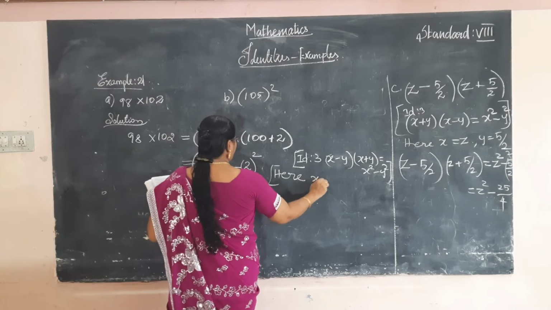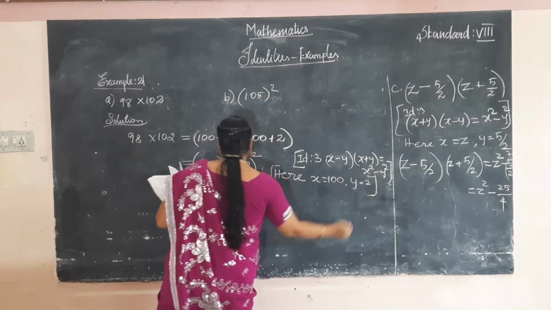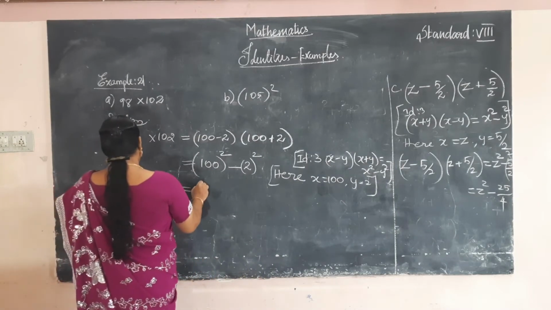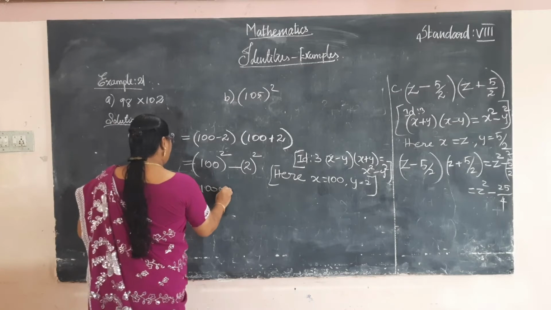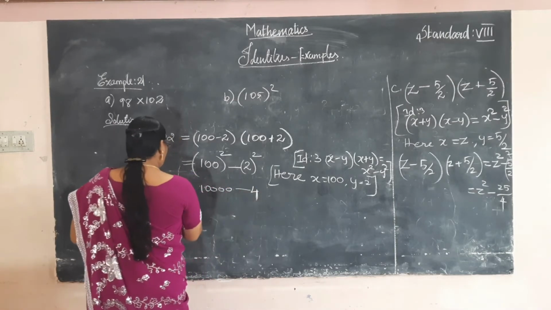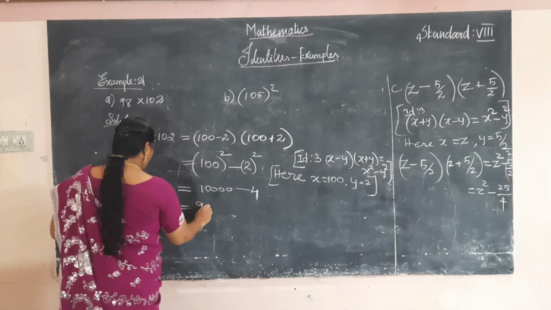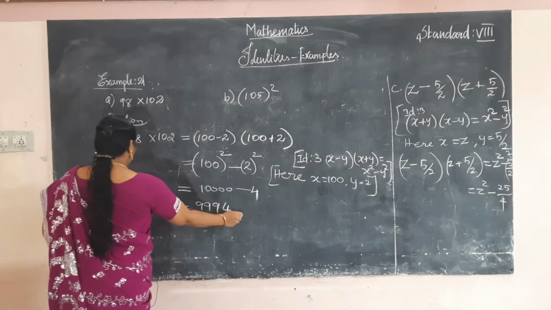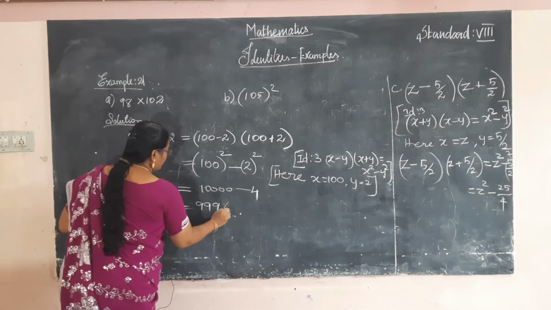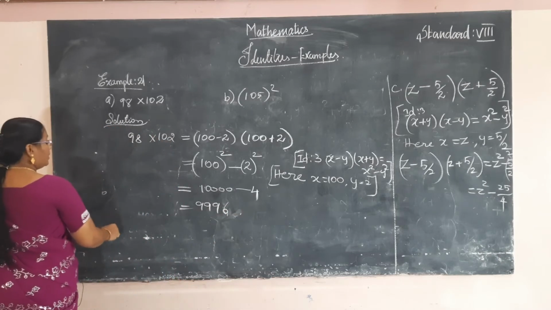Here x equal to 100, y is equal to 2. So 100 square, what do we get? 10,000, minus 4. Subtracting 4 from 10,000 we get 9,996. Okay, right.